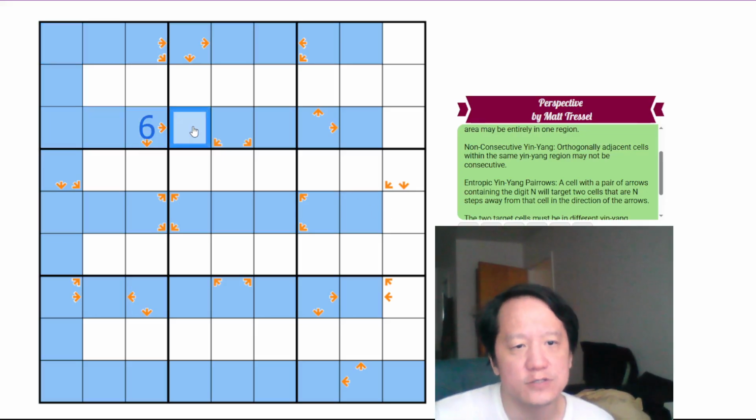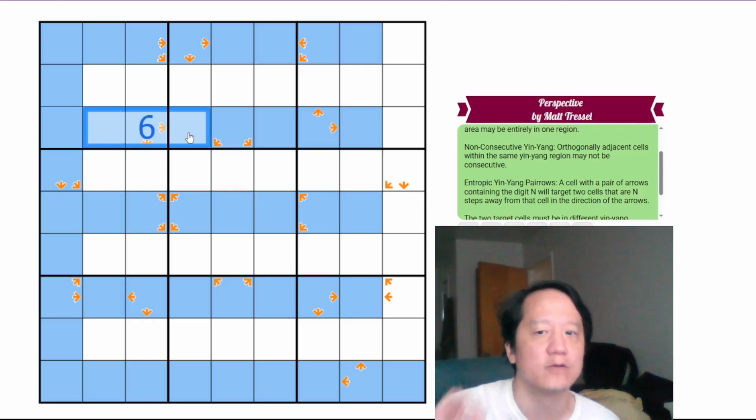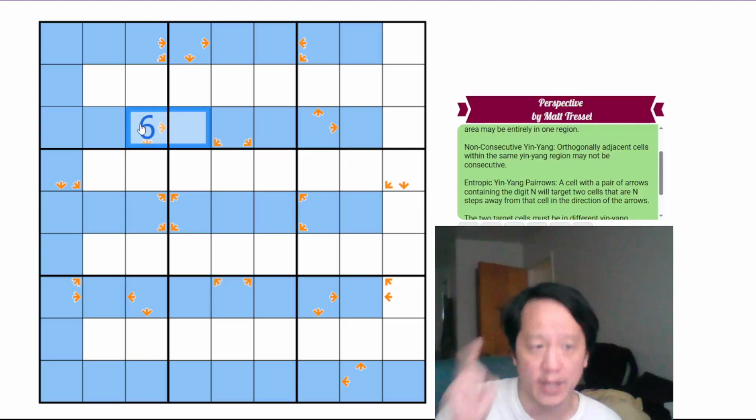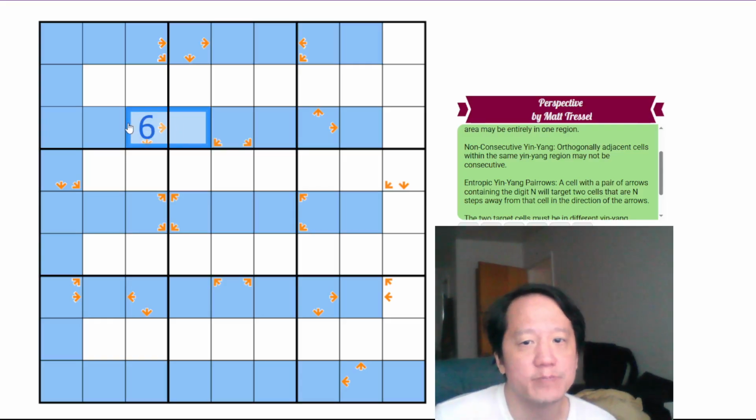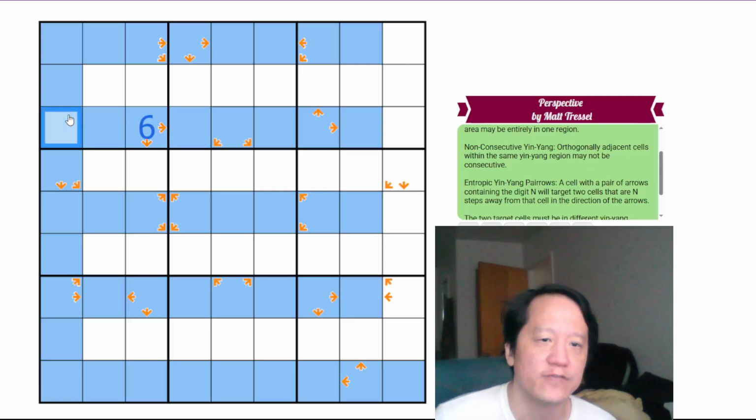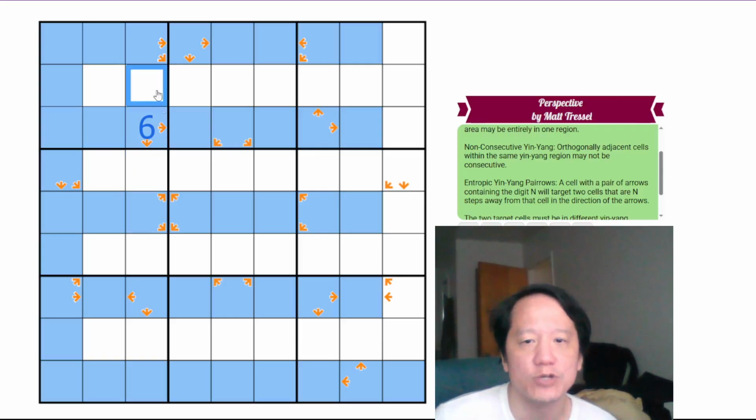We know these two cells could not be 5 or 7 because within the same yin-yang region, orthogonally adjacent cells, which means cells which share an edge, cannot be consecutive. So therefore, these cells can't be consecutive and these cells can't be consecutive, which means 5 and 7 could not be here or here. However, these could be 5 or 7 because they are not in the same region. And that's how non-consecutive yin-yang works.